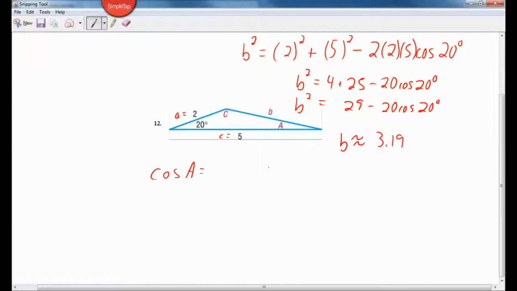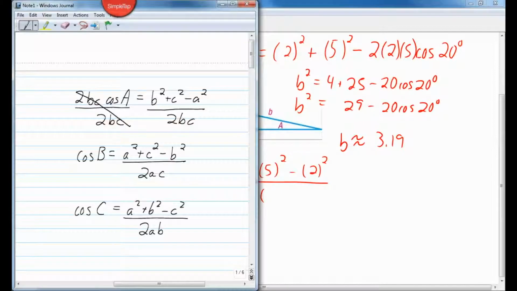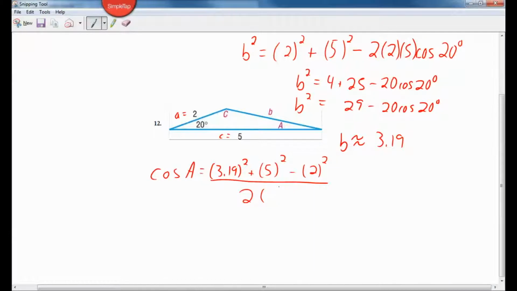We solved for B, so that's 3.19 squared plus C squared, so plus 5 squared, minus A squared, minus 2 squared, all over 2 times B times C. So B was 3.19 and C was 5.